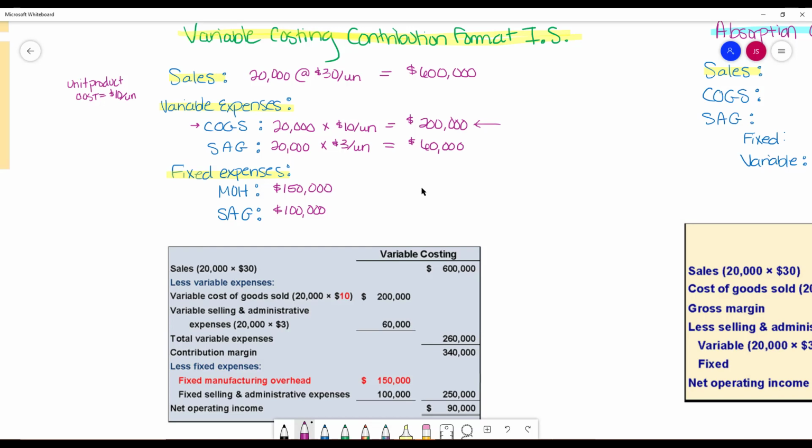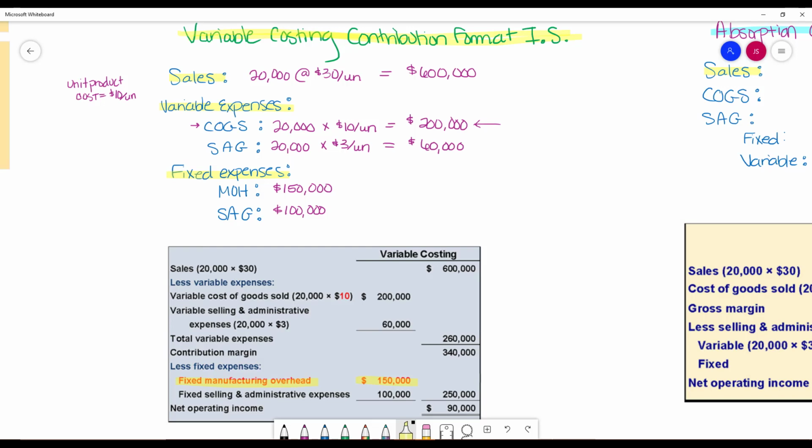So the big thing to keep in mind here is this fixed manufacturing overhead. Under variable costing, it's being expensed out. The entirety of the amount is being expensed out in total each period. So that $150,000 is being subtracted out right away to get our net operating income.